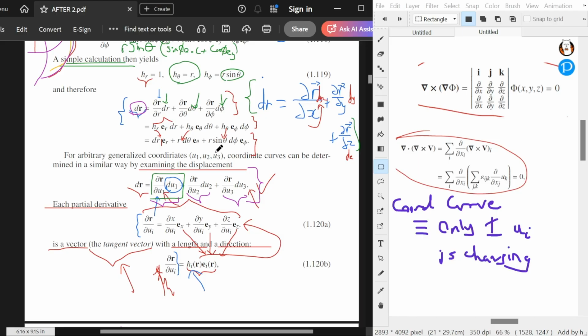For arbitrary generalized coordinates u1, u2, u3, coordinate curves can be determined in a similar way by examining the displacement of each.